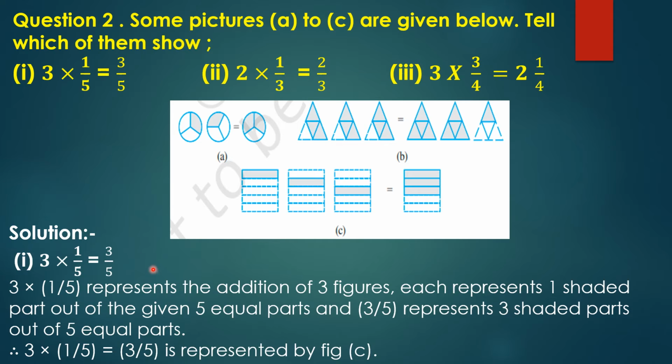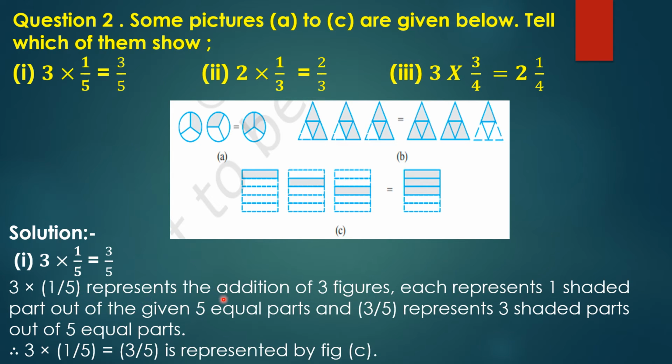So now let us consider the first sub question, 3 into 1 by 5 equal 3 by 5. Here we'll see what it represents and which picture it matches. Consider the LHS, 3 into 1 by 5.